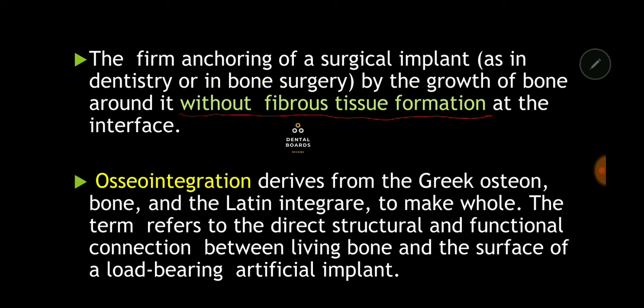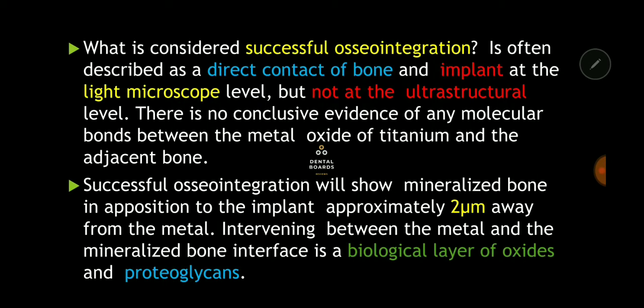The term osseointegration derives from the Greek word osteon, which means bone, and the Latin integrare, to make whole. So the term refers to the direct structural and functional connection between the living bone and the surface of the implant.